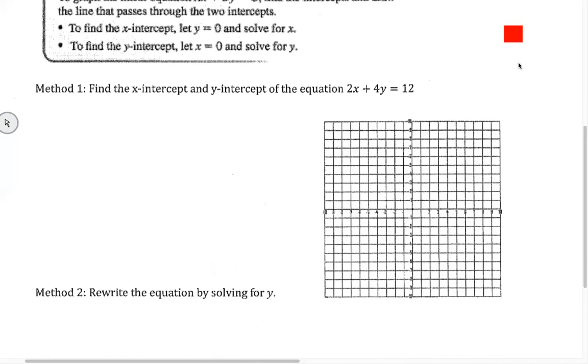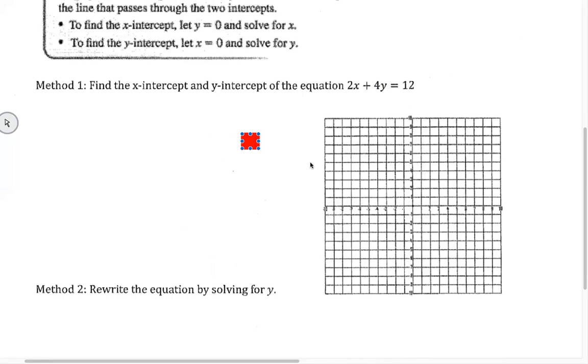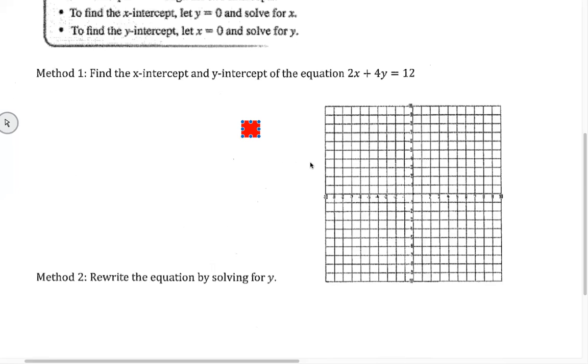Okay? Now, I think you'll understand it more if I just get started. So I need a little bit more room to work. So I'm just going to rewrite my equation, the 2x plus 4y equals 12 over here. All right, here we go.